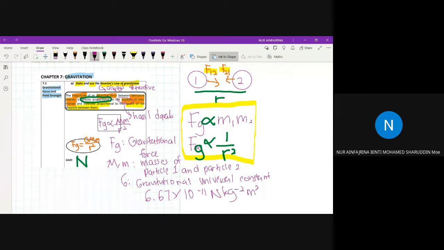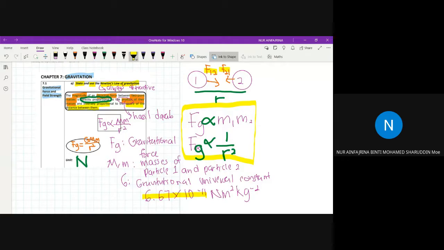Or you can write m squared first, it will be better. Okay, m squared kg to the power of negative 2. So its value is always constant, always the same. So this is its value, 6.67 times 10 to the power of negative 11.